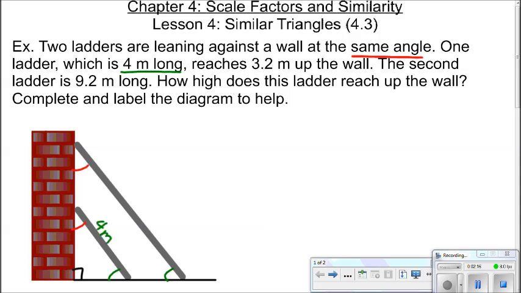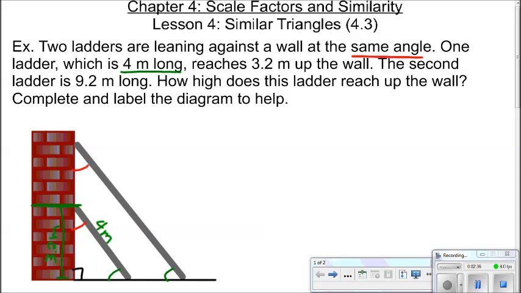And this would be the hypotenuse length. And so if we stood that ladder standing up, it would actually be 4 meters tall, but it's slanted. So it's a 4 meter ladder, and it hits the wall at 3.2 meters. So we draw 3.2 meters, that's the height on the wall.